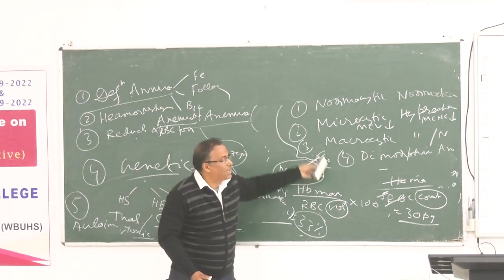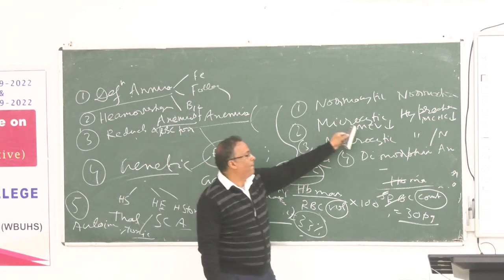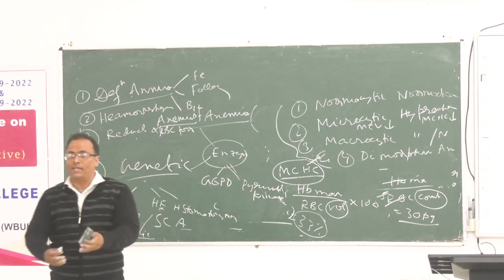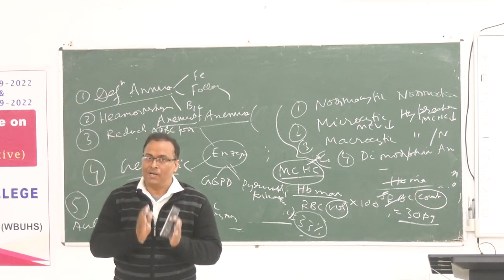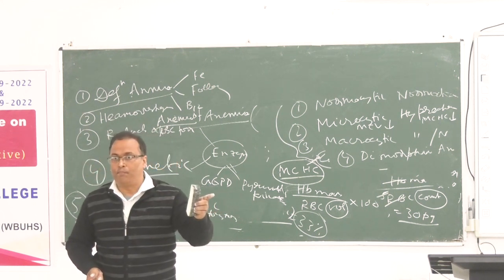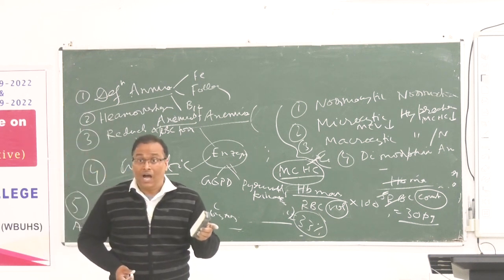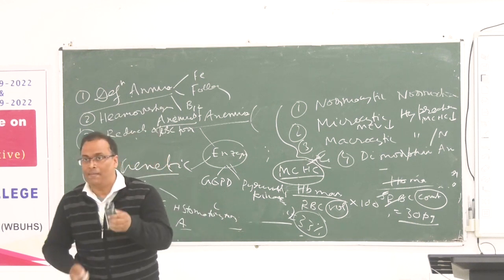So this morphological classification is clinically important. Normally the red blood cell size decreases during maturation, because I already told you the pro-erythroblast size is 20 micrometer, but the RBC's natural size is 7 to 8 micrometer. That means it decreases.